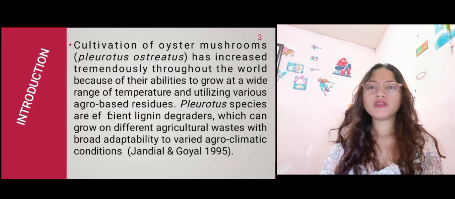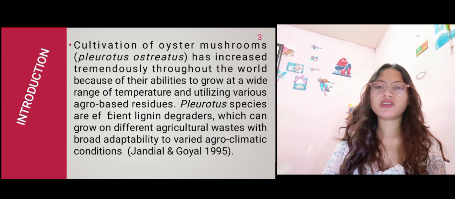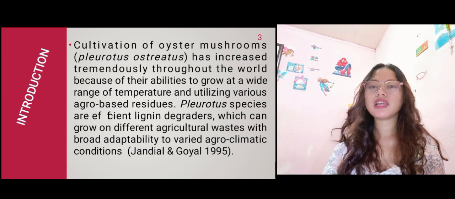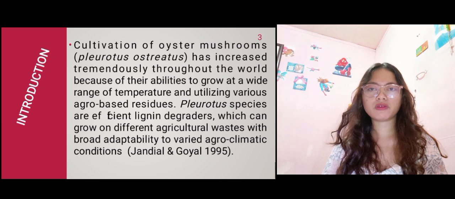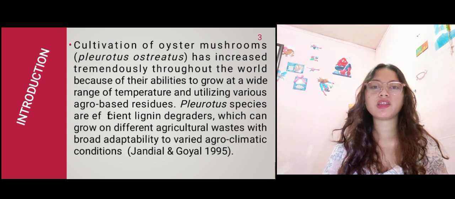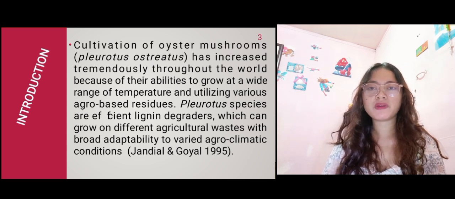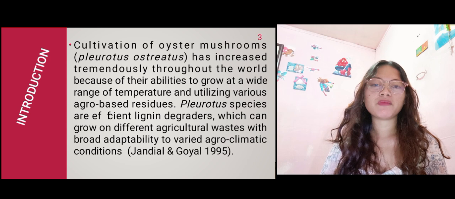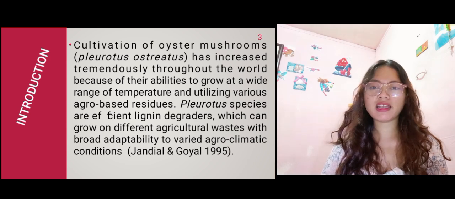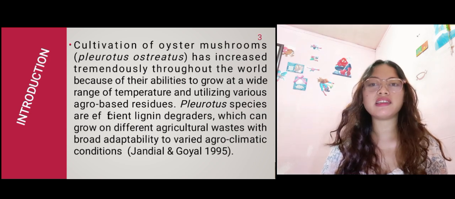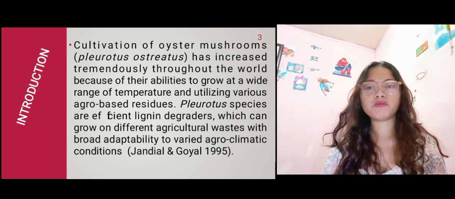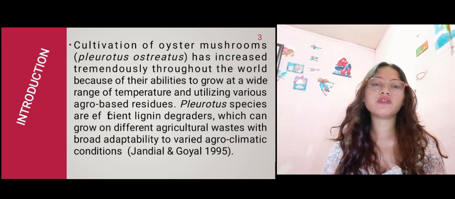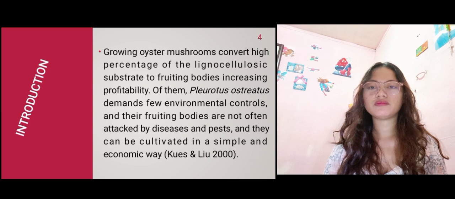Introduction. Cultivation of oyster mushrooms or Pleurotus striatus has increased tremendously throughout the world because of their abilities to grow at a wide range of temperature and utilizing various agro-based residues. Pleurotus species are efficient lignin degraders, which can grow on different agricultural wastes with broad adaptability to varied agroclimatic conditions.